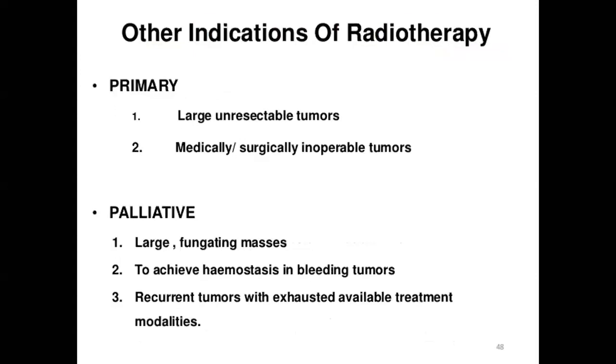Other indications for radiotherapy are primarily large unresectable tumors, medically inoperable tumors, and radiation for larger tumors having fungating masses, to achieve hemostasis. Recurrent tumors that have exhausted other malignant tumor treatment modalities can also go for radiotherapy.